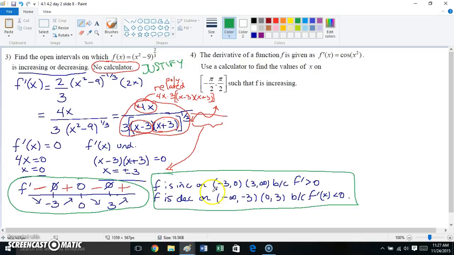And so the first part is your answer: f is increasing on this interval. This second part, because the derivative is positive, is your justification. So recognize what in words you need to say in order to actually answer the question.